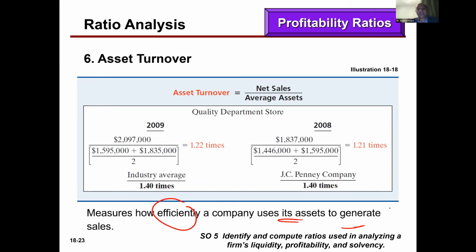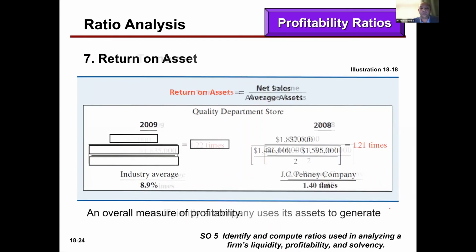These are the assets. So you need to know how efficiently your company is generating sales from these assets. Asset turnover will help you in that.